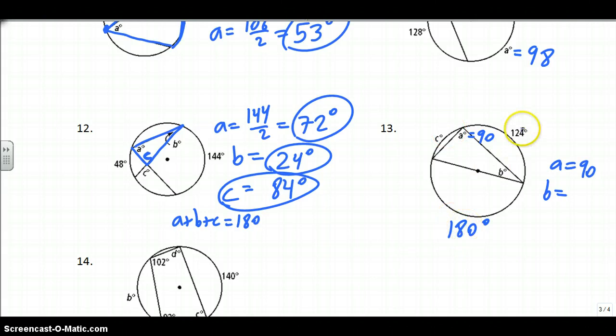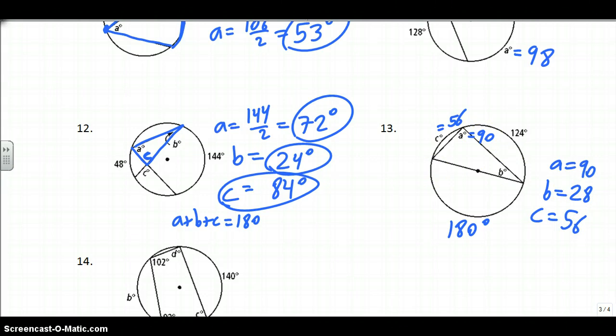I know that 180 plus 124 plus C has to add up to 360, the full circle. 124 plus 180 is 304, and 360 minus 304 is 56. You're probably screaming at your computer, Mr. Cruze, if this half is 180, so is the top half. Very observant. 56 and 124 must add up to 180 as well, and they do. Anyway, C is 56, which means B is half of it, which is 28, because B is half of the arc that it makes.